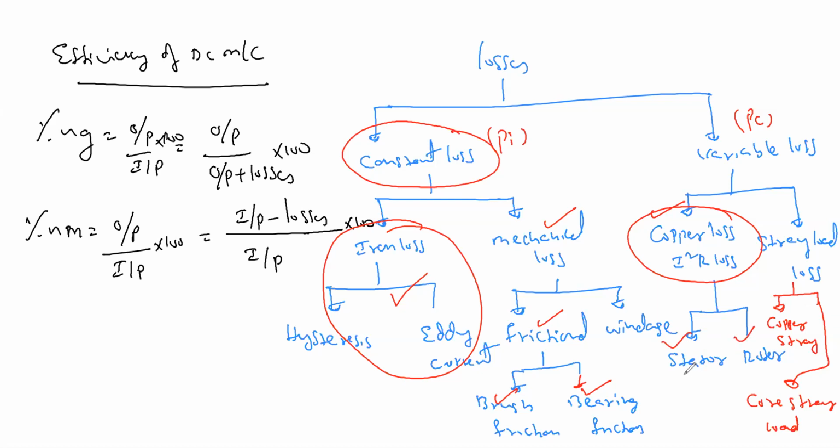In a DC machine, the field winding is the stator and the rotor is the armature. Then there is stray load loss, copper stray loss due to skin effect.